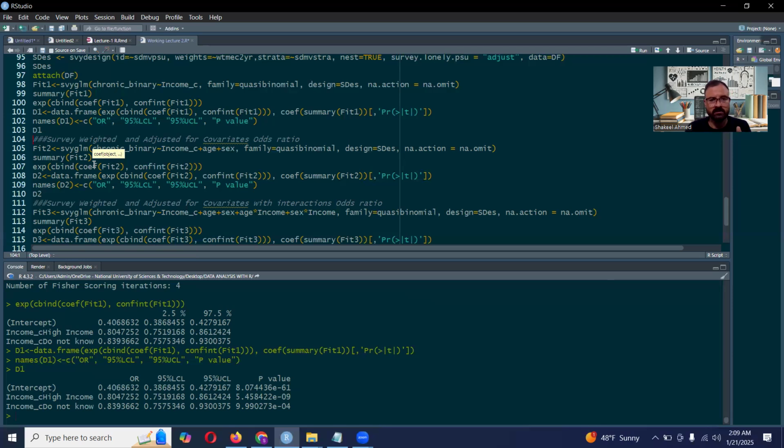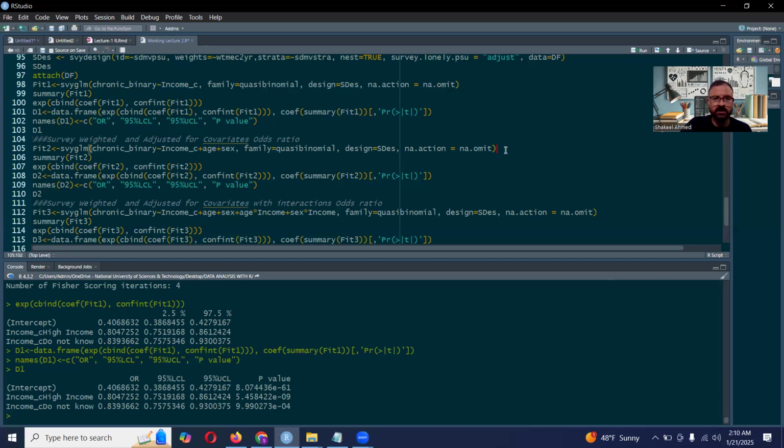So you can include all those variables that are causing confounding in your analysis to avoid a biased effect of income on chronic condition.